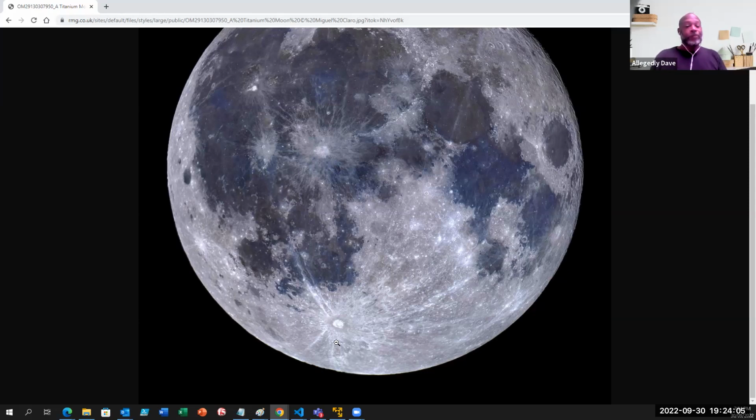Okay, so you can do the math yourself. 238,000 miles is the bottom of that triangle. 53 miles is the right angle of that triangle, and so you can figure out from that the angle is 0.00128 or something like that, which means you shouldn't be able to see that crater, even though you can look up at a full moon and see that crater with the naked eye.